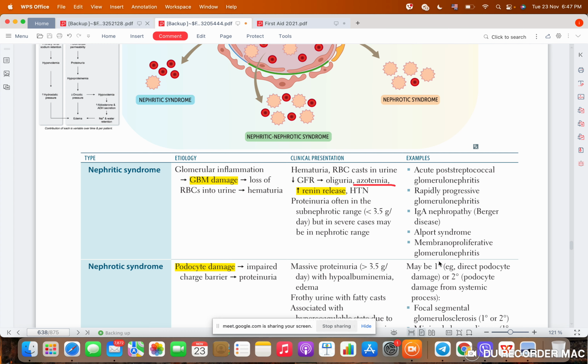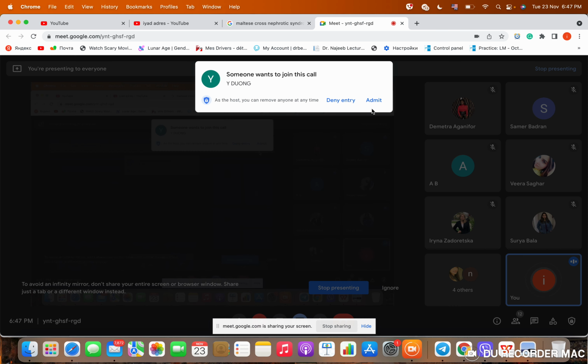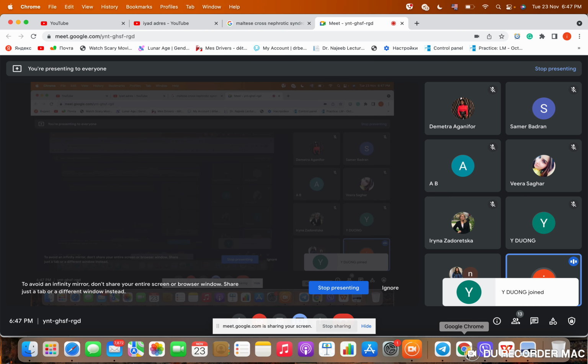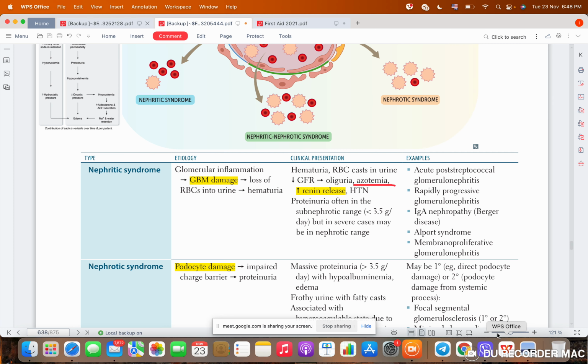For example, bodybuilders, since they lift a lot of weights, can have increased BUN without having actual pathology. Because proteins contain amino acids, and amino acids have a nitrogenous group, and that nitrogenous group can lead to increased BUN.